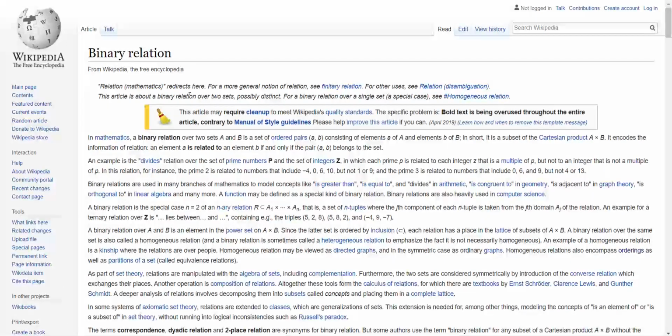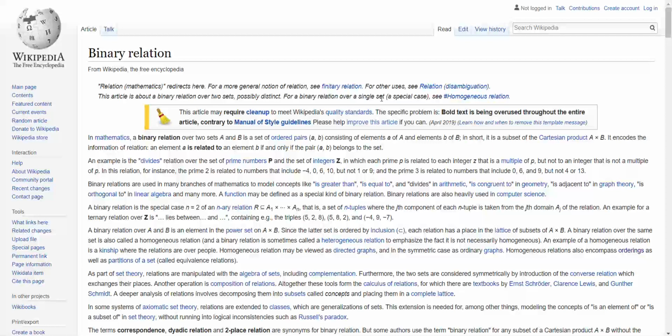We can see in the wiki that a binary relation over two sets A and B is a set of ordered pairs (a, b) consisting of elements a of A and elements b of B. In short, it's a subset of the Cartesian product A × B. It encodes the information of the relation. An element a is related to an element b if and only if the pair (a, b) belongs to the set. So that's primarily what the binary relation means.